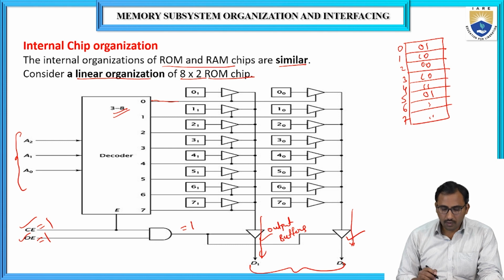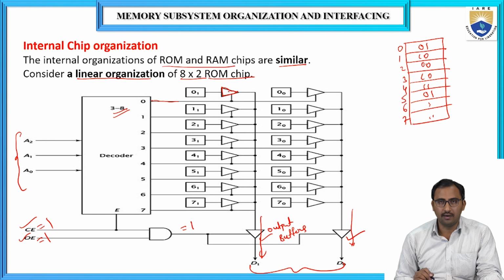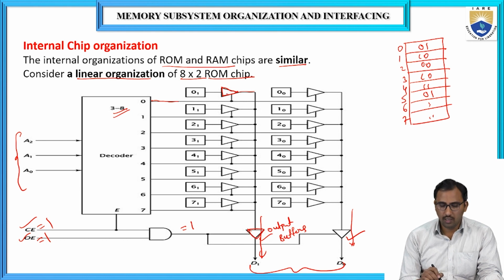If you see here, it is a tri-state buffer. The tri-state buffers which are connected to the memory location will be enabled to pass the data to the output buffers. Only if the tri-state buffers are enabled will the data present in the memory cell be transferred to the output buffer.